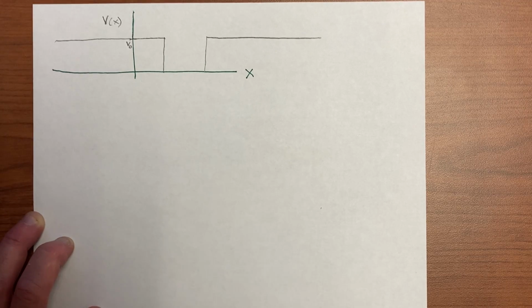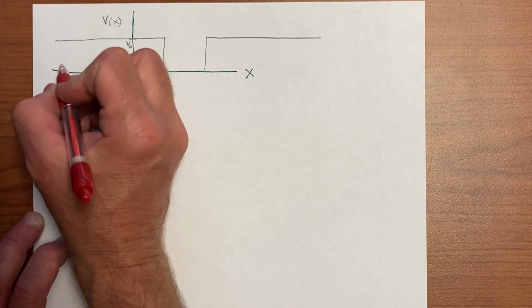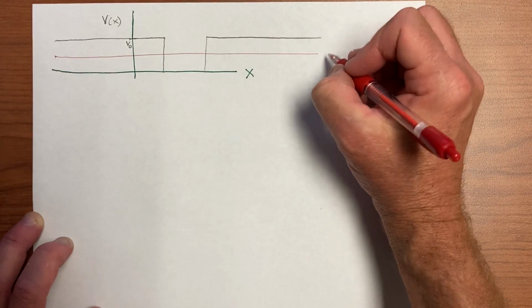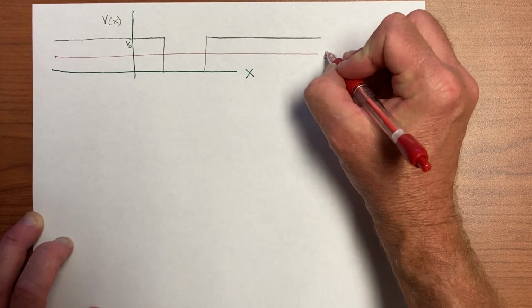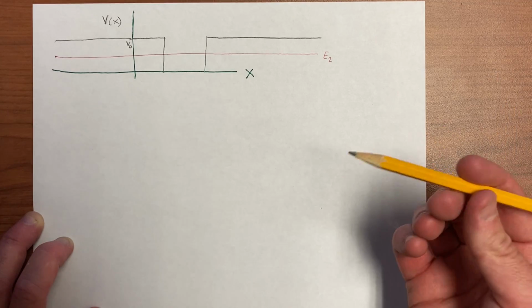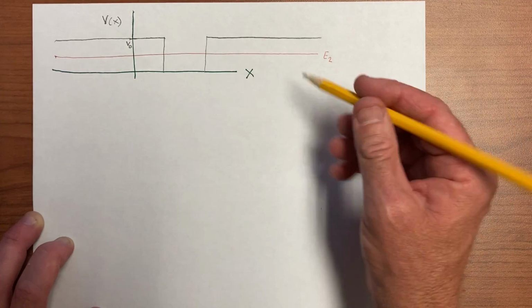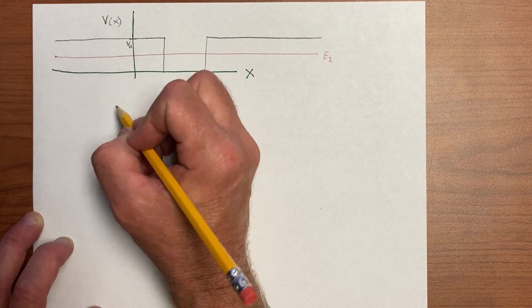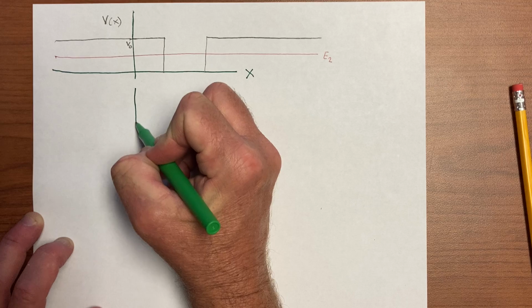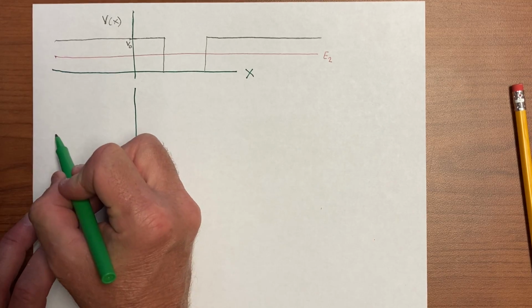And let's say we have a bound state, so the energy is there, and it's not the ground state, but it's the first excited state. And we want to get a sense of the eigenfunction, and then we want to change this potential. So let's draw the eigenfunction.